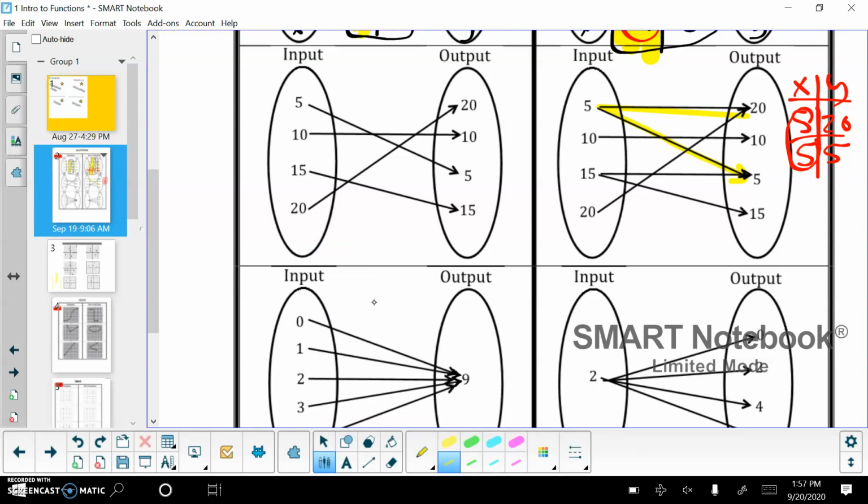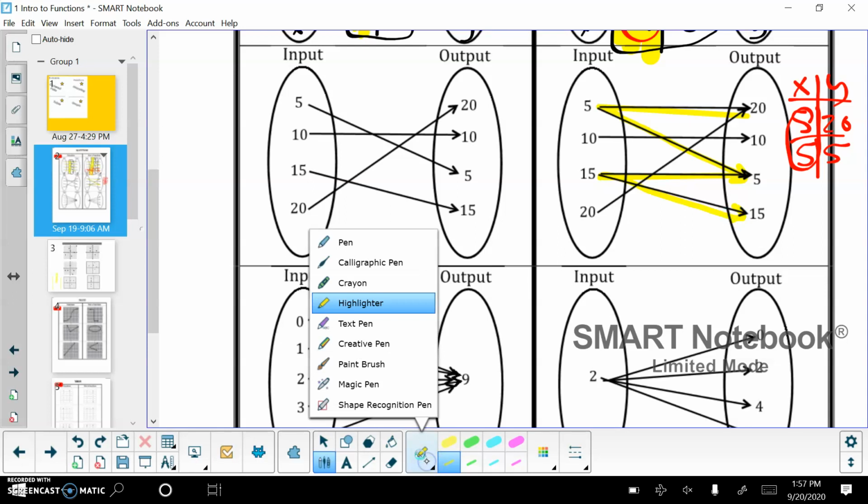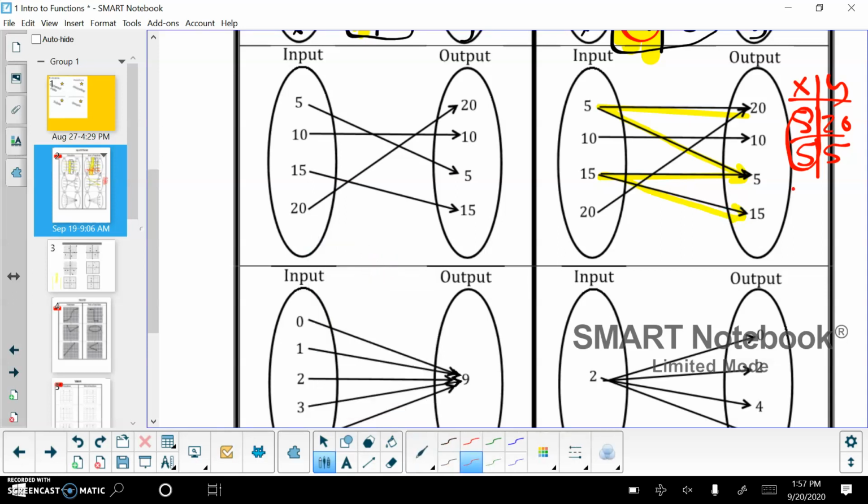The 15, I've got two arrows coming out of the 15. So I can model that one as well. The 15 goes to the 5, and the 15 also goes to the 15, and my 15s repeat. I'm not going to highlight the arrows coming out of the 10 or the 20 because there's only one arrow coming out, so those don't repeat.